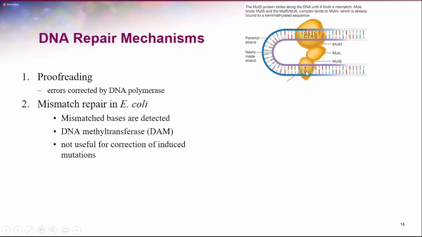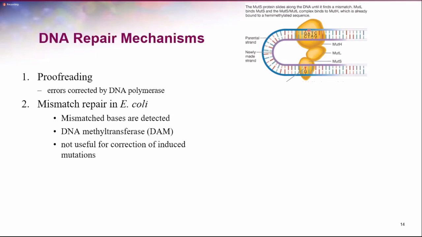But how does the cell know which is the correct base? Was it G that was correct? Was it T that was correct? So the cell has to somehow know what was the original parental template strand. And if it knows what was the original template strand, then it knows that the base opposite that is incorrect. And so it replaces that base instead of the base that you would find in the parental template, right?